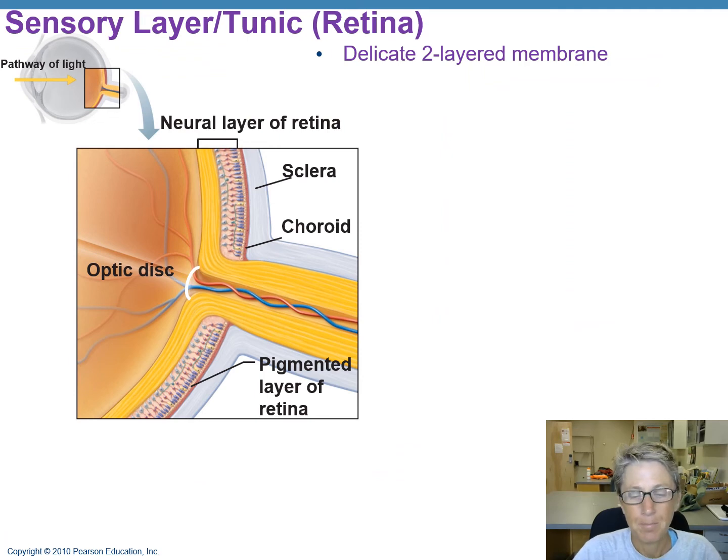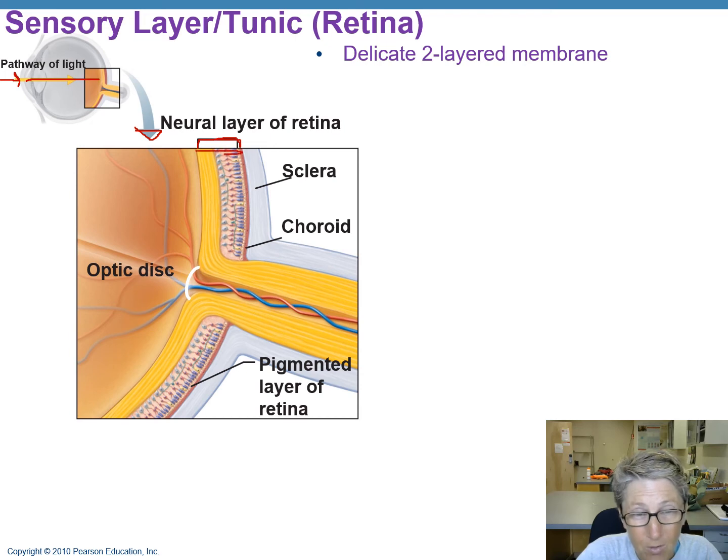Okay, then the deepest layer of the eye is the retina. So let's take a look on our cartoon here. So here, light's coming in. It's going to hit the cornea first, and then it'll go through the pupil and the lens, and it'll find its way back here to the retina. And then you bring the cartoon out and make it bigger, and you can see this piece right here is the neural layer of the retina.